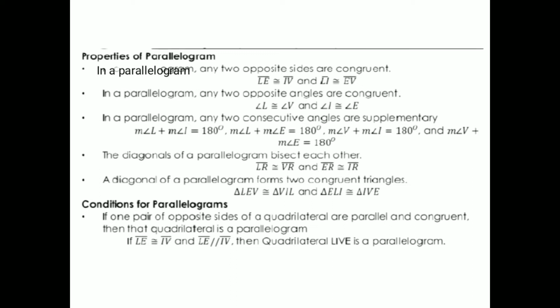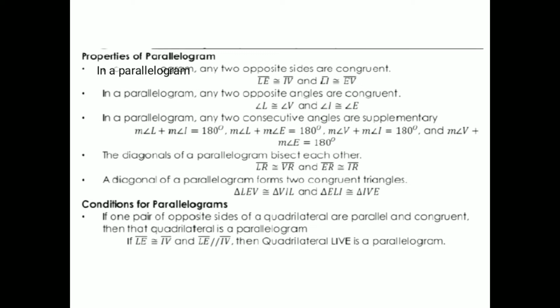Then next yung diagonals naman of a parallelogram bisect each other. Since hinahati nila yung isa't isa, so sila ay equal kapag nahati. They are congruent in length. Yung segment LR and segment VR and segment ER and segment IR.